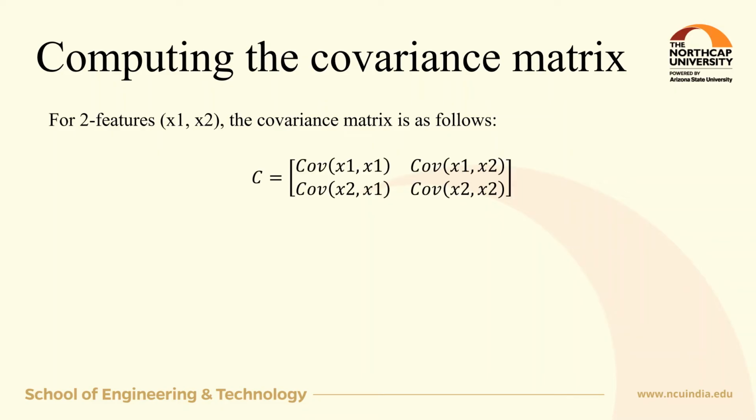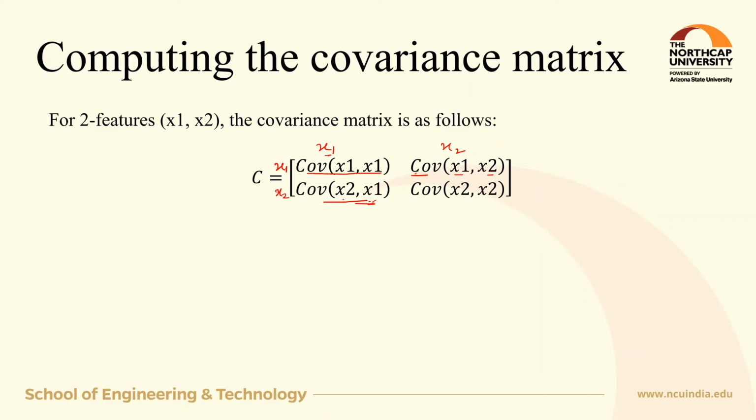In the first row, first column, which is the covariance between x1 and x1, it is nothing but the variance, right? For the first row and second column, it is the covariance between x1 and x2. For the second row and first column, it is the covariance between x2 and x1. So these two values will be similar.